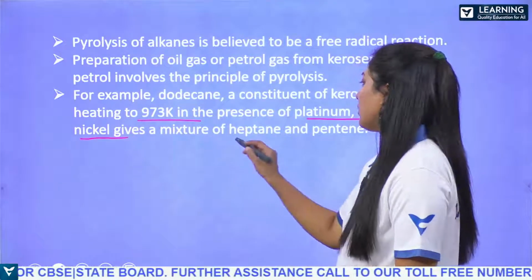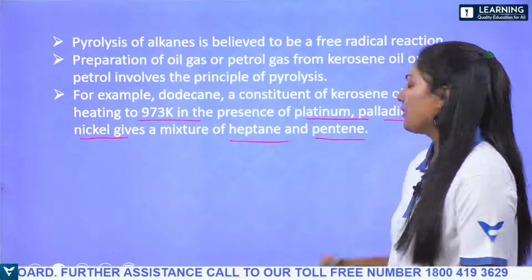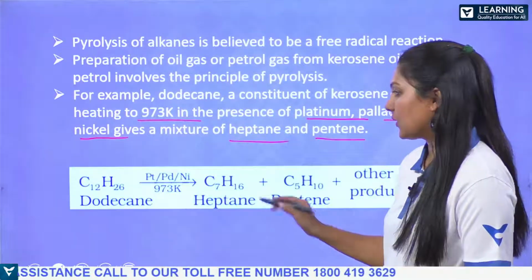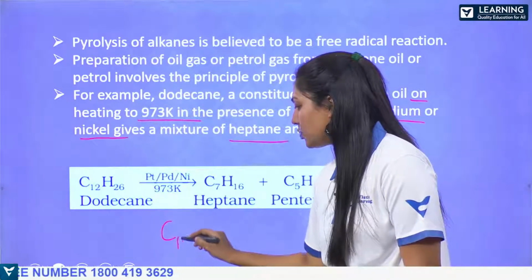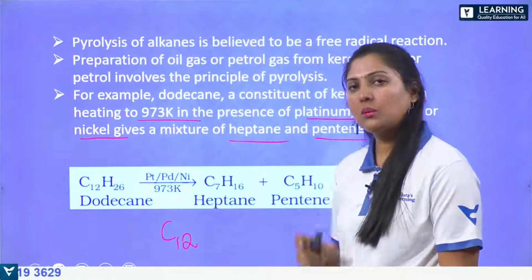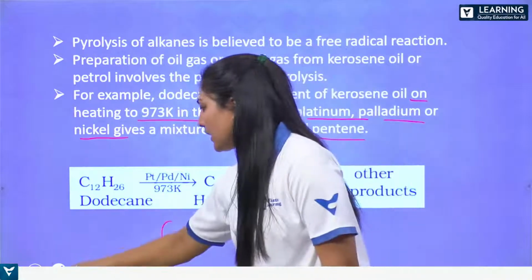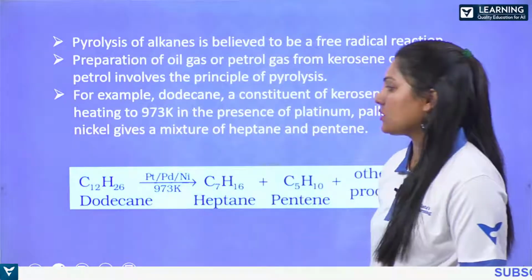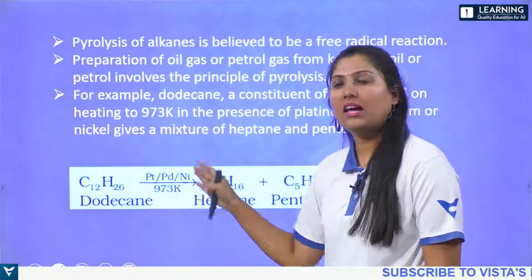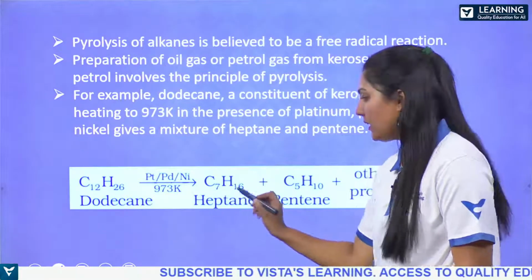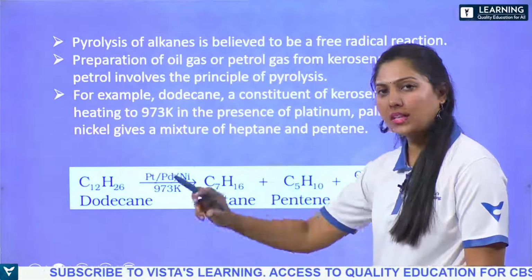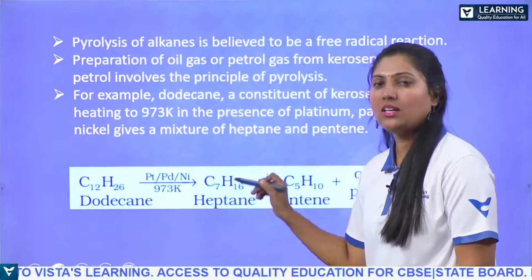So on heating we get a mixture of heptane and pentene. Dodecane is carbon 12, while decane means carbon 10. So dodecane in the presence of platinum, palladium or nickel at 973 Kelvin gives you heptane, a complete long chain with single bonds, a saturated compound.